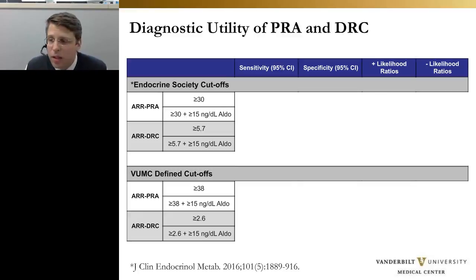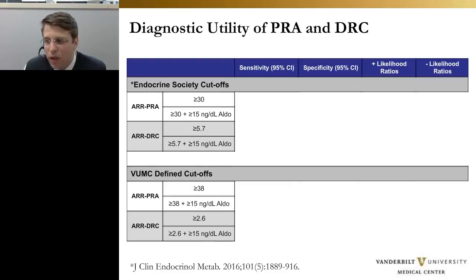In this analysis, we determined the sensitivity, specificity, and positive and negative likelihood ratios for each method and the respective cutoffs. As you can see, the Endocrine Society guidelines suggested cutoffs for the aldosterone to renin ratio, for plasma renin activity and direct renin concentration.